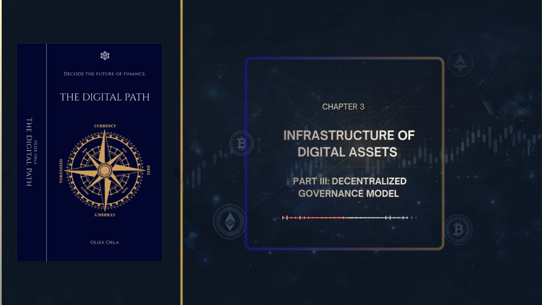Evolution of DAO 2.0. The decentralized governance model is constantly evolving. As Web3 projects grow in scale and complexity, DAOs are gradually transitioning from experimental structures to more mature and structured forms. A key development has been voting delegation, which allows community members to assign their voting power to active representatives.